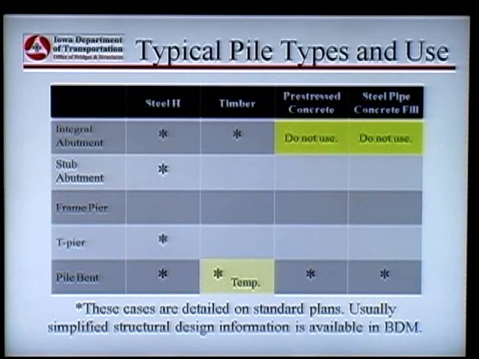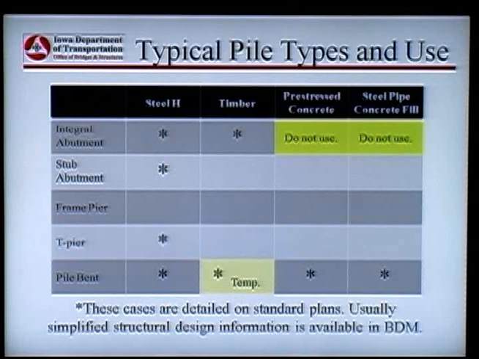We do not use or recommend either pre-stressed piles or the pipe piles for integral abutments. There was one county project where it was tried as part of an Iowa State research project to use pre-stressed concrete piles in an integral abutment. And they found some annoying cracking down below the abutment when they dug in and checked it.